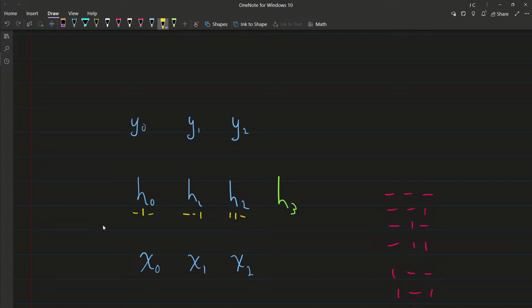In the matrix for that layer, this is H0, H1, H2, and this is the outputs.